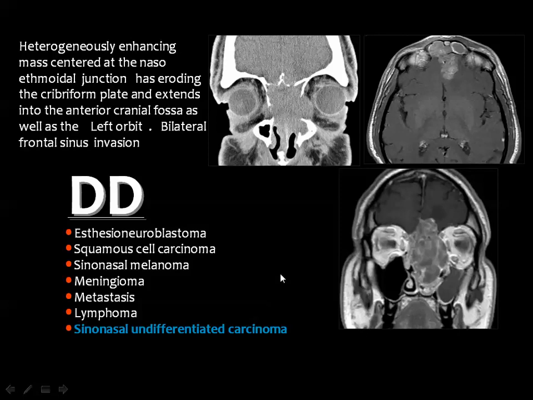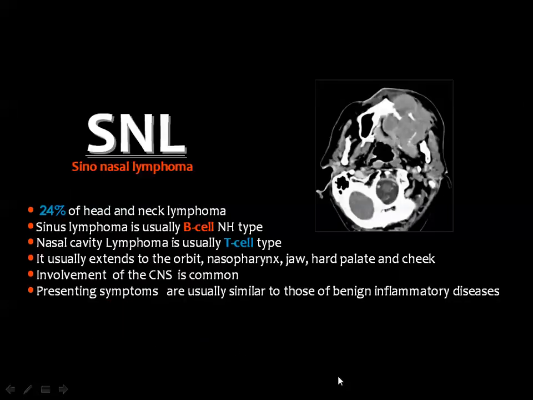These are the common lesions that can be included in the differential diagnosis. Also, you may sometimes include meningioma, melanoma, and this particular tumor, which is known as sinonasal undifferentiated carcinoma.